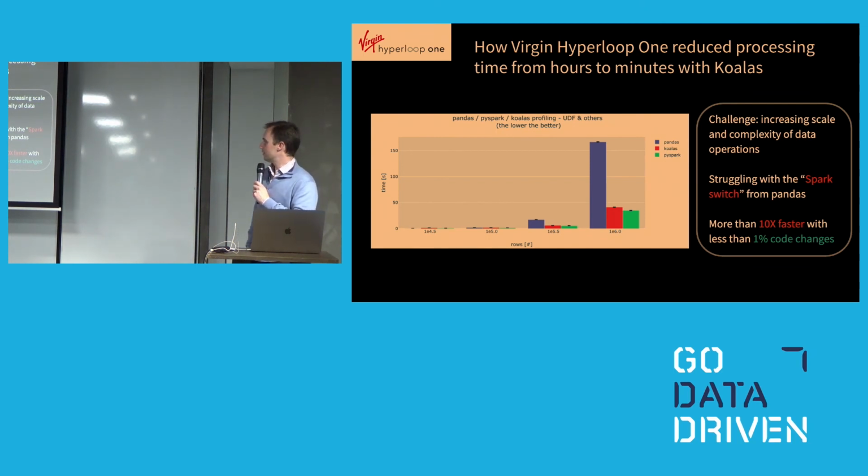Their experience was that for what they were doing, which was pretty simple UDF applications and groupings, and applying their own custom functions on chunks of the data, they were able to get a massive speed up compared to Pandas. The blue line is the runtime in Pandas, and the red line is the Koalas runtime. And they were able to use the same code base, both for Pandas and Koalas, while doing some very limited code change. I think they talked about less than 1%, which here was, from what I remember, 180 lines of code change compared to everything that they had.